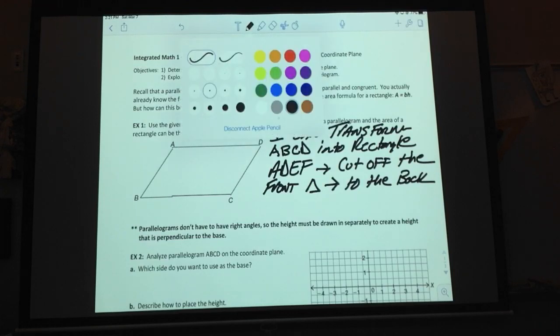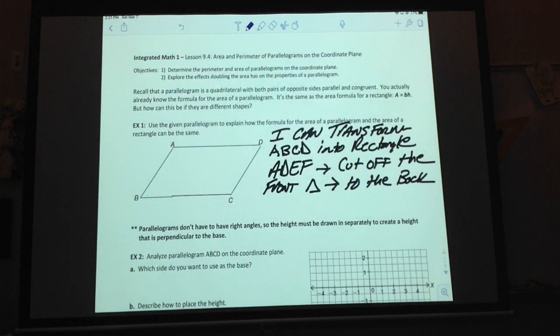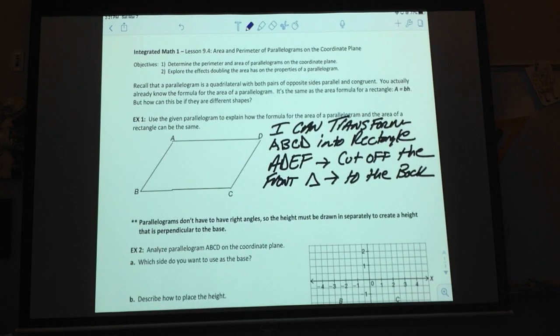So as I do this, I'm going to change colors. What I said is I'm going to cut off the front triangle. So I'm going to do that by cutting off from A straight down. And remember, since BC is a horizontal line, if I draw a line out of vertex A straight down, which means it's perpendicular, it's a vertical line. If I draw that, I want to cut off this front triangle.